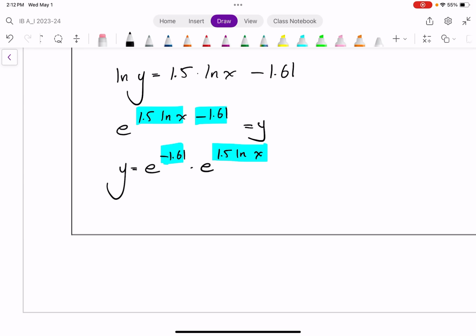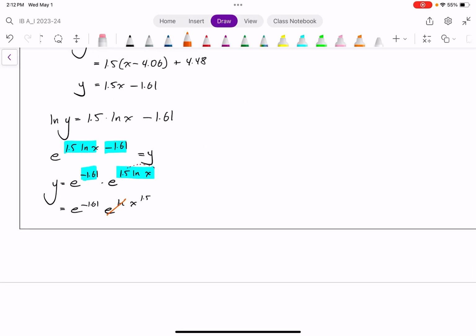And that 1.5 being multiplied to the natural logarithm, I can rewrite using a logarithm law. So I get e to the negative 1.61 times e to the natural logarithm of x to the 1.5. And like before, those are inverses of one another. So what do I have left? I have y equals e to the negative 1.61 times x to the 1.5.